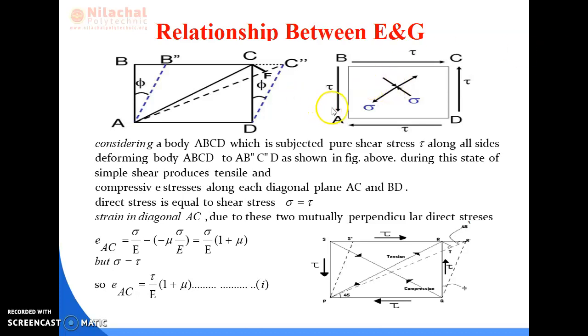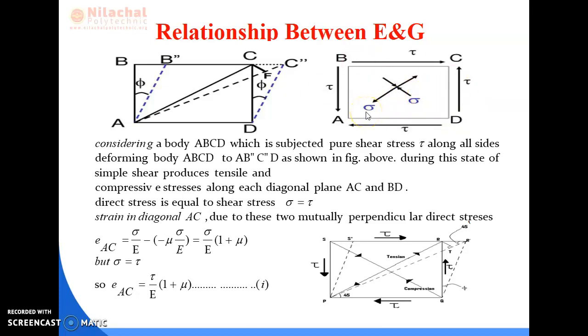While the shear stresses BA and BC cause tensile stress at points C and A, they cause compression at points B and D. How do we understand this?